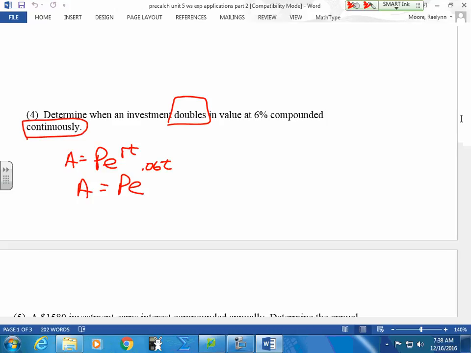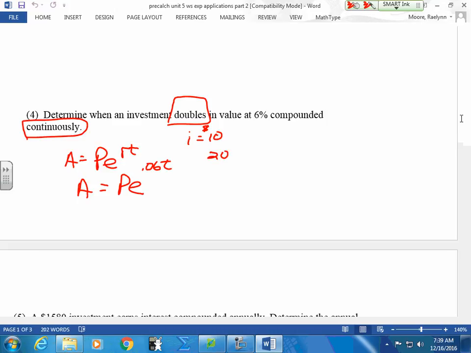Times 2. So think about that for a second. If I invest $10, how much do I double at? 20. So where could I put in 2? If you invested $10, and when you doubled, you made $20.